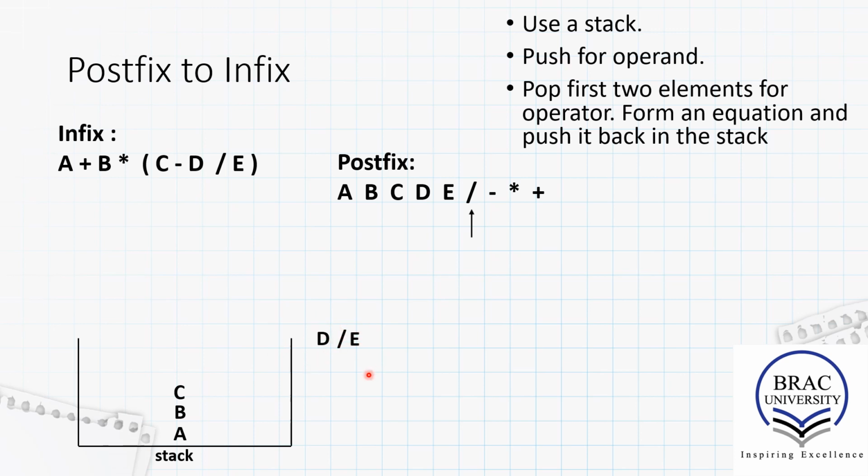I will enclose it in first brackets, and I'll push this expression back into my stack. So now the top of my stack has the expression D divided by E enclosed in first brackets. And then I'll keep on continuing parsing my postfix expression.